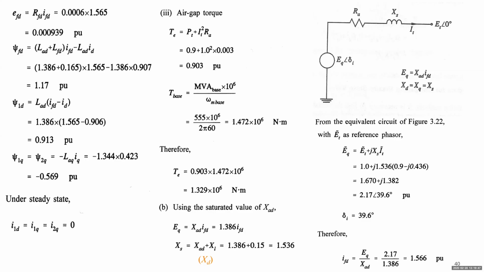For terminal voltage, we assume that one to be the reference with 0 angle. So the delta I from here will be 39.6. If you compare to the accurate angle we calculated from previous slides, that's very close. Okay, for round rotor generator, it's safe to use this circuit, just single circuit, to do all the calculation.